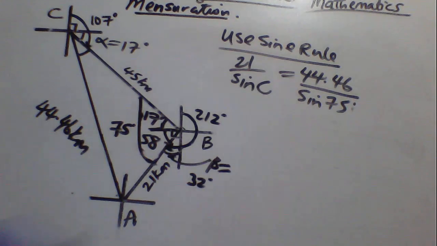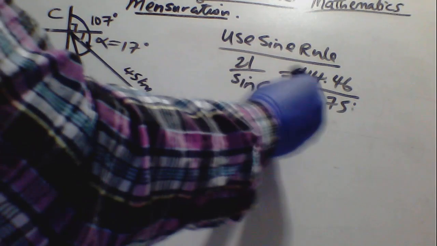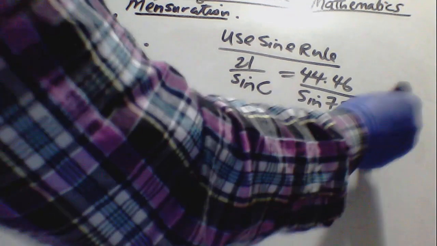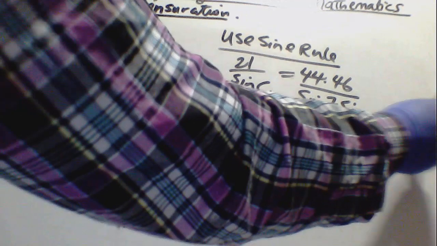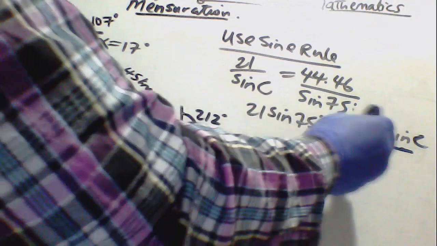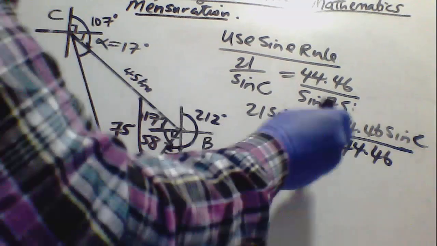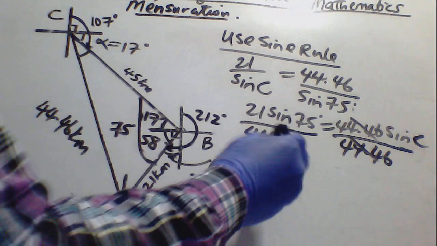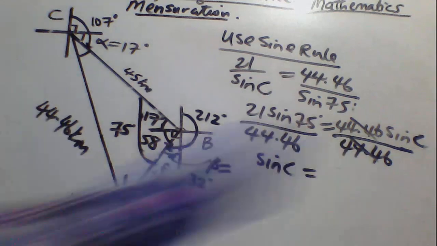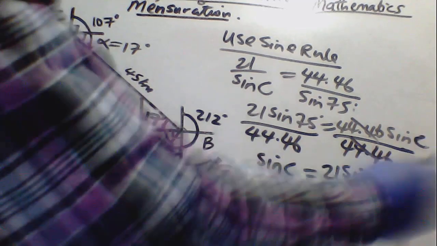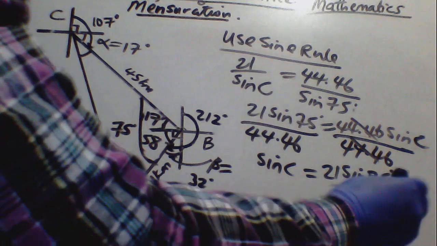So cross multiply, have 21 sine 75 is equals to 44.46 sine C. So from here, divide both sides of the equation by 44.46 to make what? Sine C the subject of the formula, which is 21 sine 75 divided by 44.46.